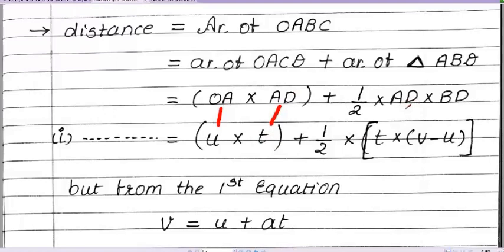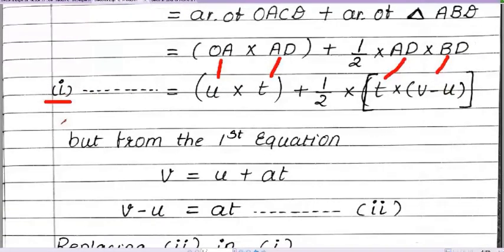And again AD is T. And this BD, which I told you is change in velocity, we know that change in velocity means final velocity minus initial velocity. So instead of BD, we will put V minus U. Now we will keep this as result 1. This is our first result.